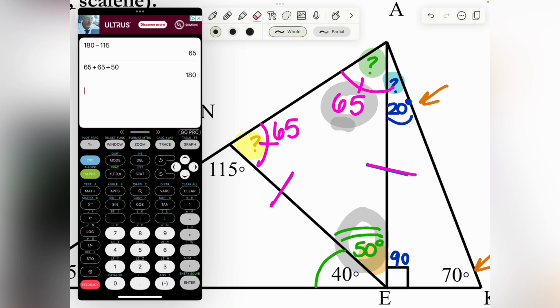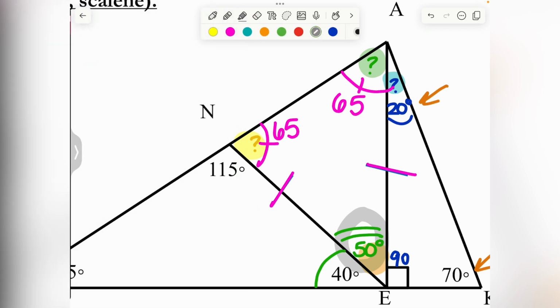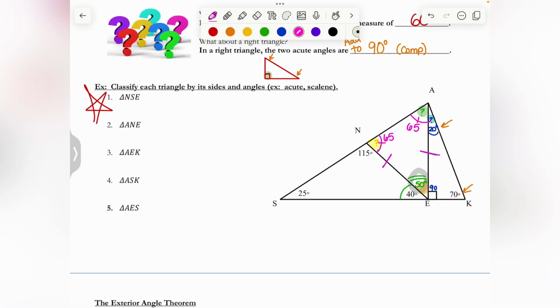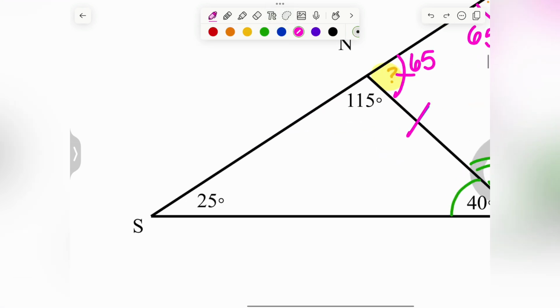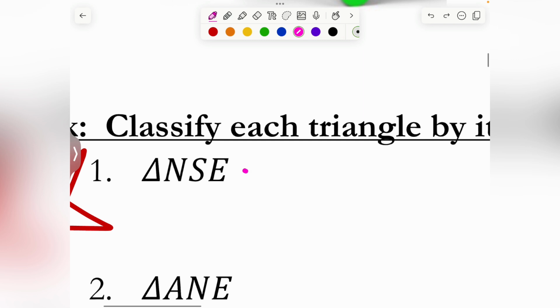Now, since that is done, I can classify all these triangles. Let's do it. Starting with NSE, I'm going to highlight it. NSE is this one. Let's look at the three angles, 25, 40, and 115. Since one of those is an obtuse angle, this is going to be an obtuse triangle.